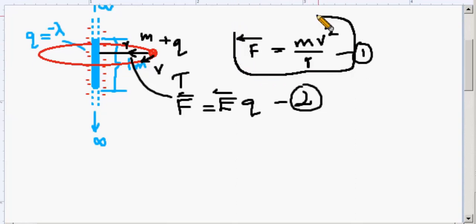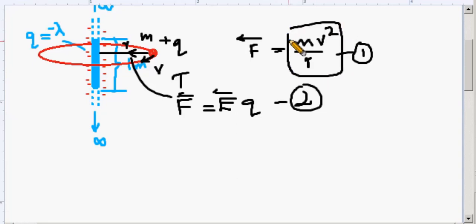Even though we have an equation like this, there is no real such force, that is only the value. So the real force is this electrostatic force.